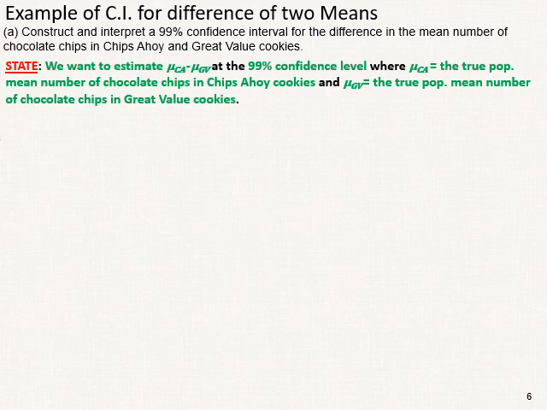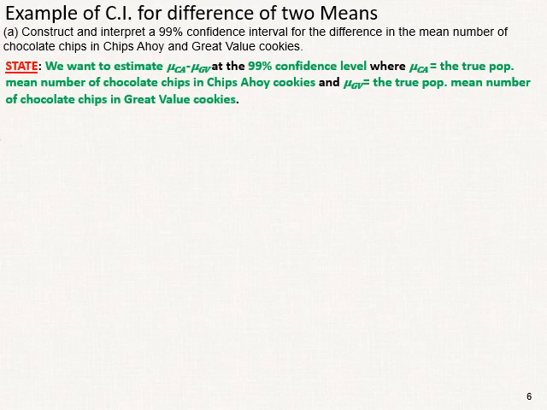All right, so the state. For me, I set up the mean subscript CA, standing for Chips Ahoy, and mean minus mean subscript GV, which is Great Value. And so I've set it up where it's Chips Ahoy minus Great Value. So we want to estimate mu sub CA minus mu sub GV at a 99% confidence level. And now I need to say what my mu sub CA and mu sub GV stand for.